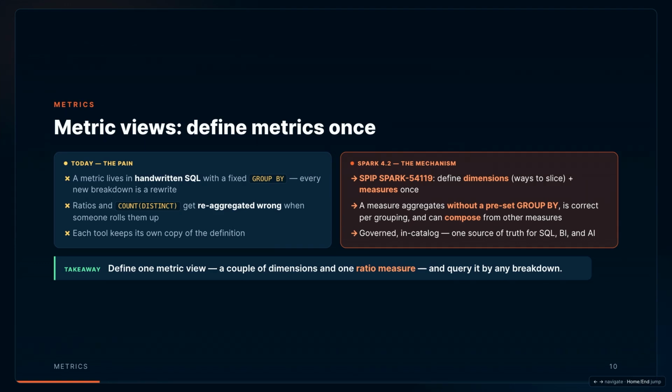So this stops drift. Ratios and distinct counts stay correct for every grouping. And measures can build on other measures. It lives in the engine and the catalog, so the optimizer keeps it correct, and the permissions are the same everywhere. One source of truth for SQL, BI, and AI.